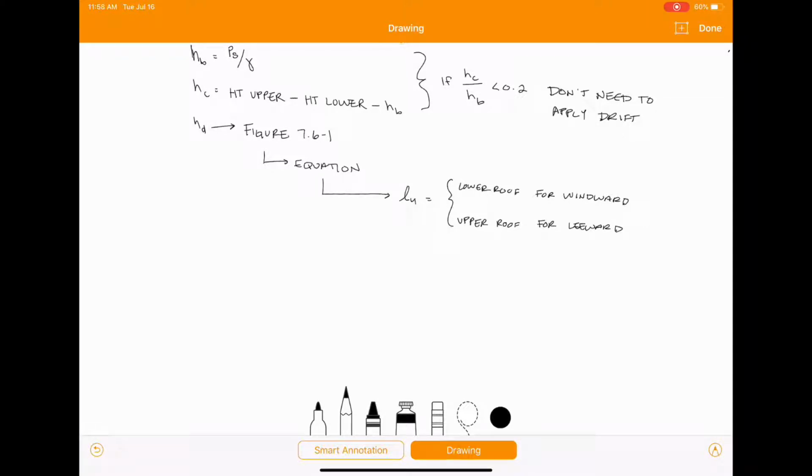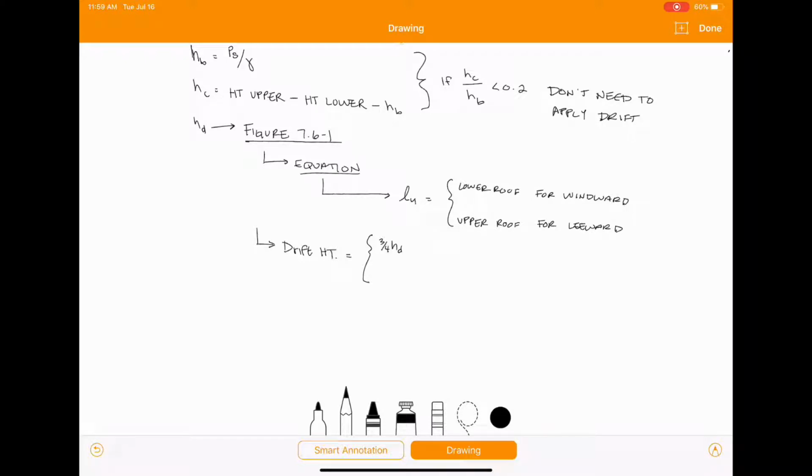And also, once you determine HD from the equation or from the figure, you're going to determine your drift height. And that's also going to be different if you're looking at windward or leeward. So for windward, your drift height is going to be 3/4 HD.